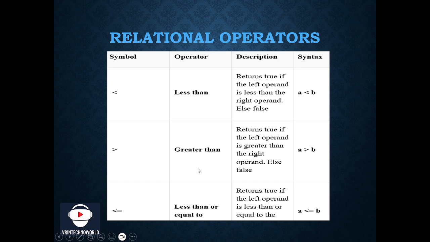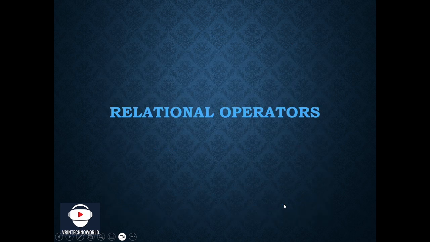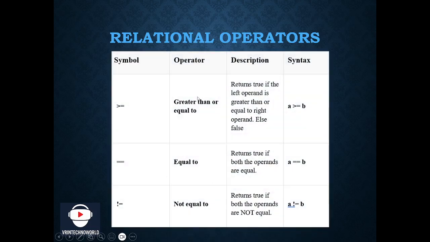The next one is less than or equal to, which returns true if and only if the left operand is less than or equal to the right. If not, it would obviously return false. Then the next relational operator is greater than or equal to. Suppose the first operand is greater than or equal to the second operand; at that time, we use this symbol.